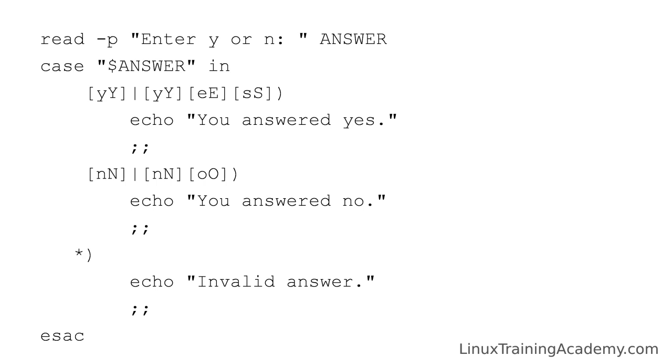That pattern is 3 characters in length and is comprised of 3 character classes. The first character class is a lowercase and uppercase y. The second is a lowercase e and uppercase E. And the third character class is a lowercase s and an uppercase S. We use the exact same concept to match for n or no as an answer. The last pattern is a star, so it will match anything that did not match the above patterns.